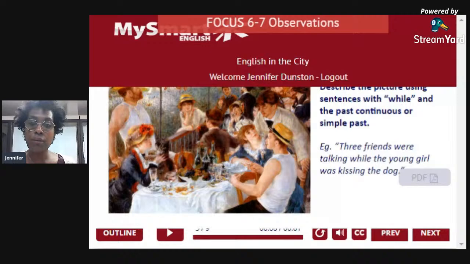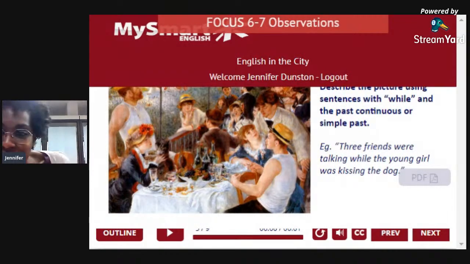So our example here is three friends were talking while the young girl was kissing her cat. My example was a girl was drinking while a man was looking off into the distance.